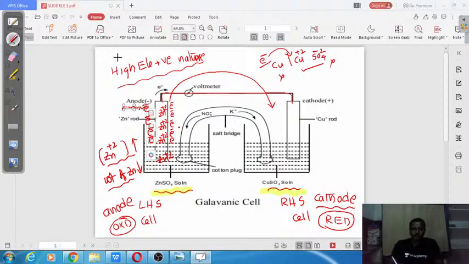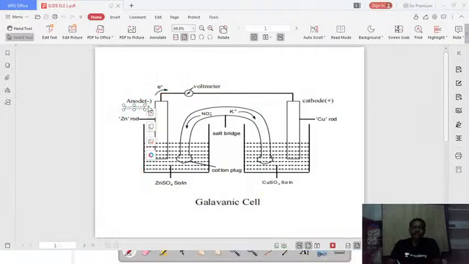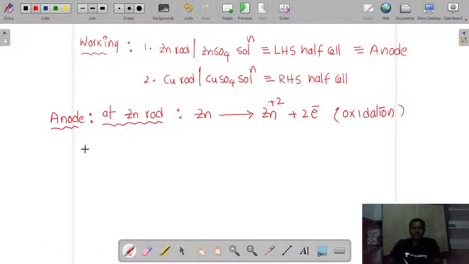Therefore, at the cathode, the copper rod, the electrons released from zinc metal are gained by Cu+2 ions and reduced to Cu.